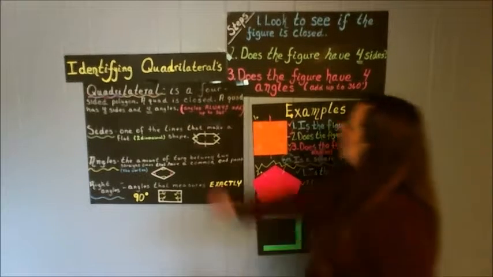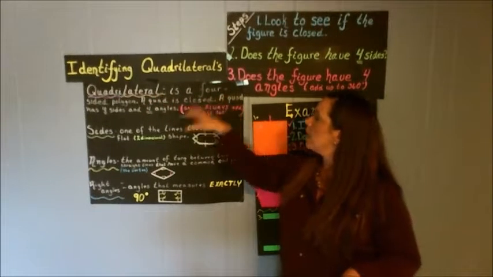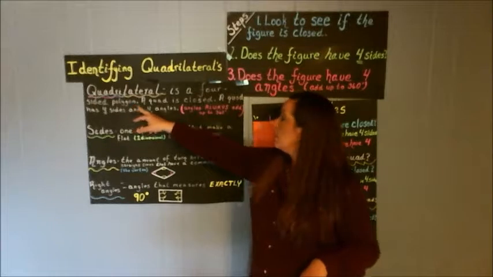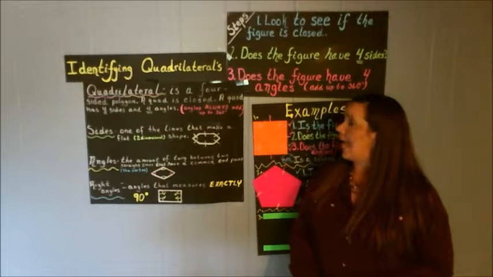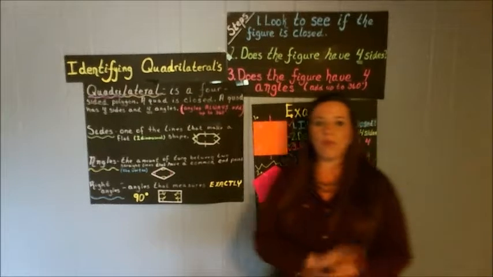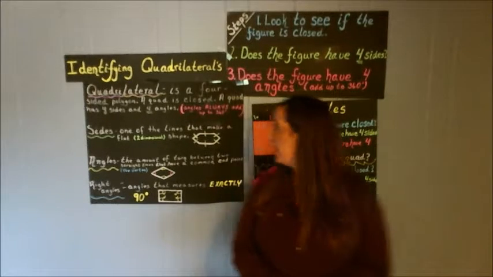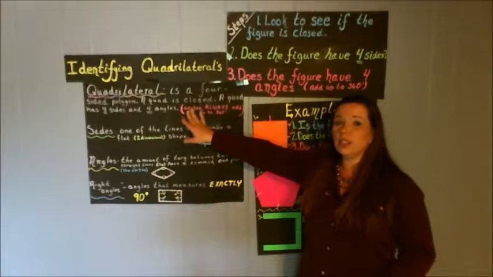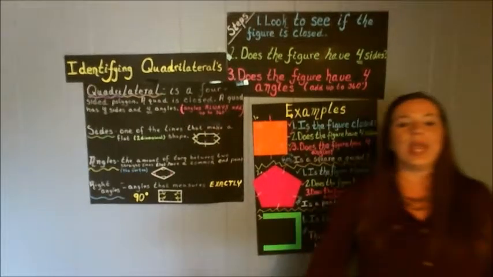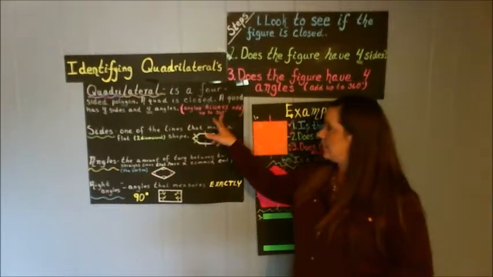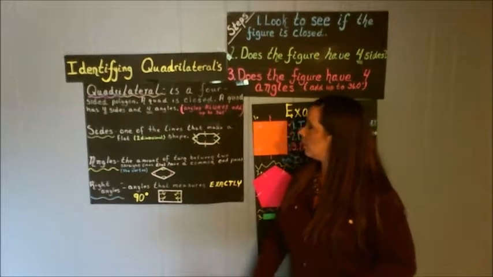All right, a quadrilateral is a 4-sided polygon. A quadrilateral is closed. It has 4 sides and 4 angles, okay? The angles, this is important to remember, always, always, always add up to 360 in a quadrilateral, okay?